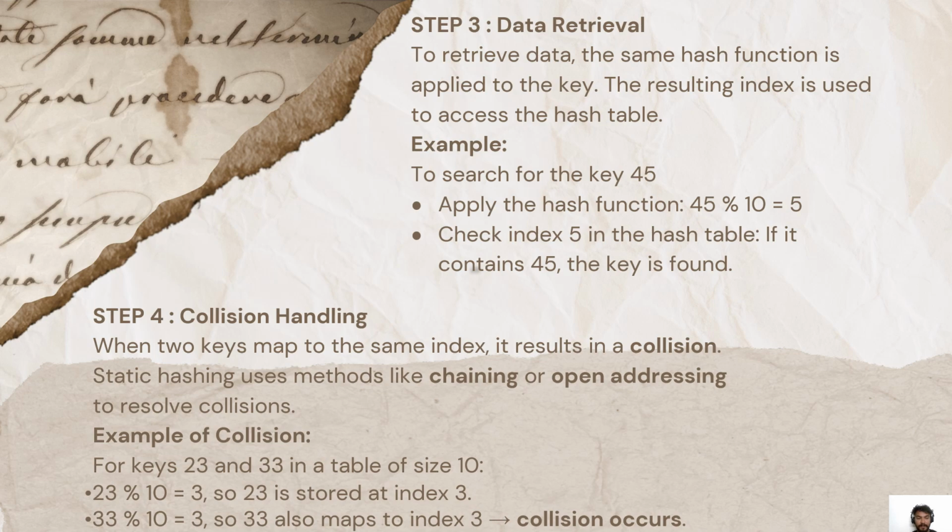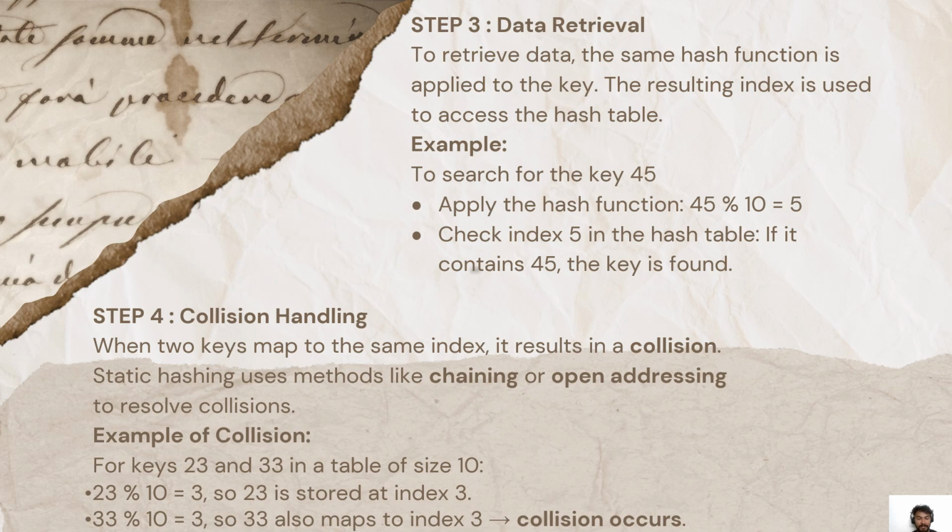Step 4, collision handling. When two keys map to the same index, it results in a collision. Static hashing uses methods like chaining or open addressing to resolve collisions. An example of collision: keys 23 and 33 in a table of size 10. 23 modulus 10 gives remainder 3, so 23 is stored at index 3.